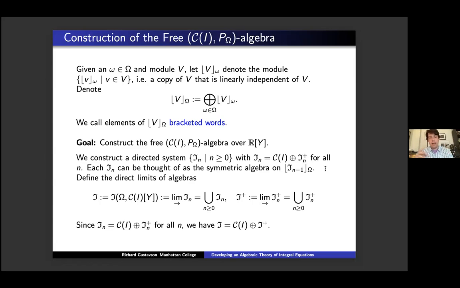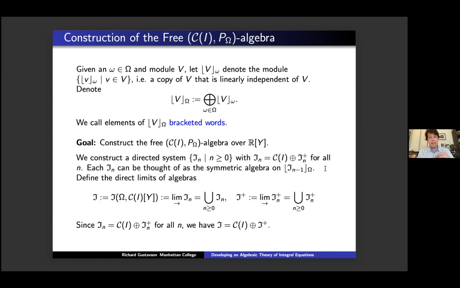We want to think of the I_n pluses as the elements of I_n that contain our variable functions, and the C of I are just the coefficients. I'm not giving you the formal definition of how I_n is defined, but you can think of it as a symmetric algebra on the omega bracket of I_{n-1}. There's a lot of detail I'm leaving out when I write that.